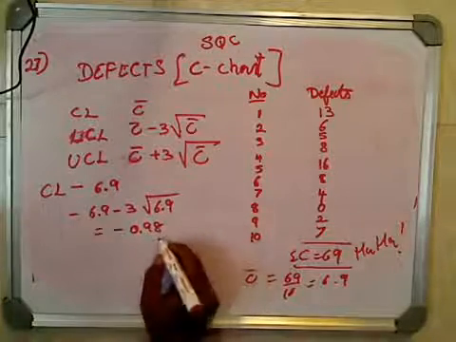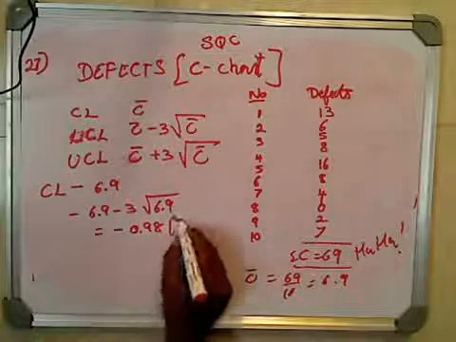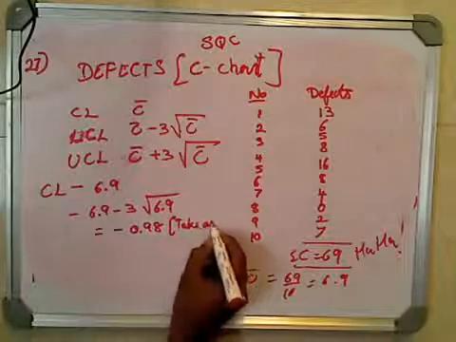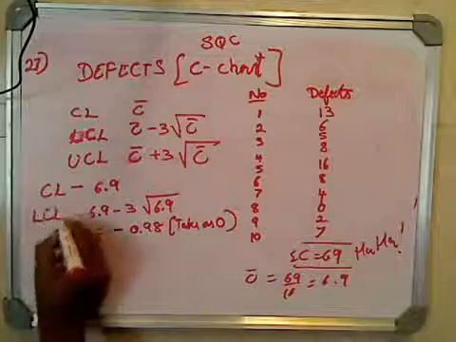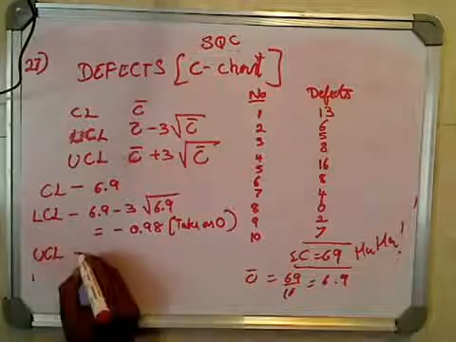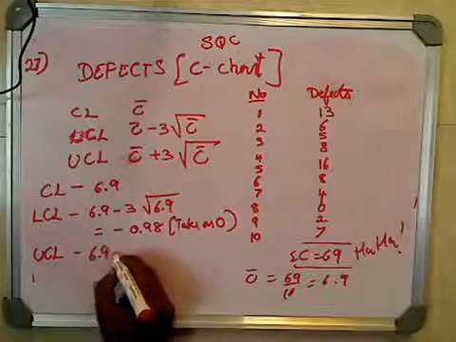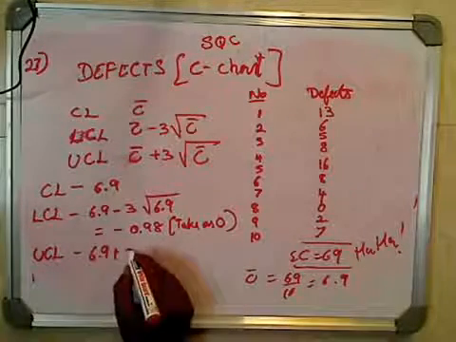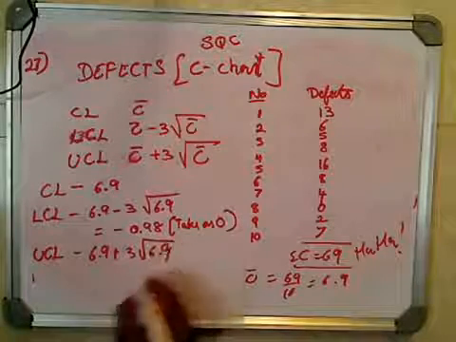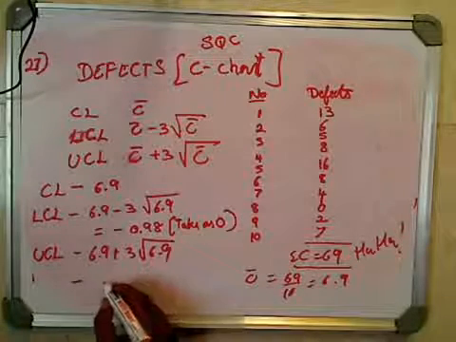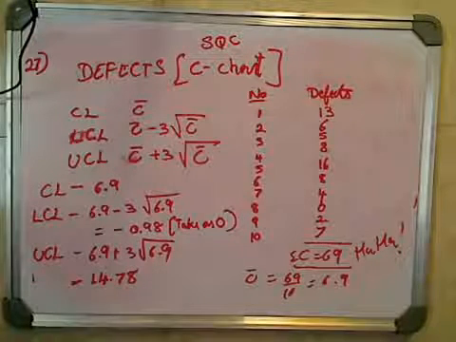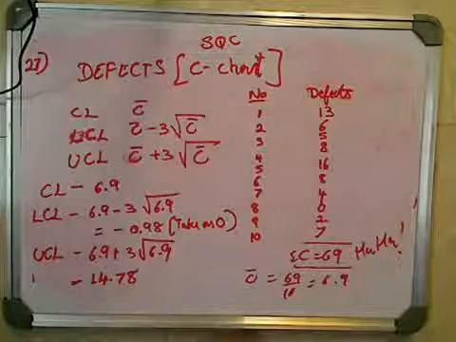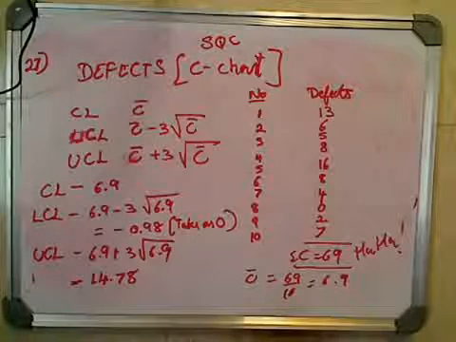Like I said, you can't have minus defects, so you take it as 0. The next is the upper control limit, 6.9 plus 3 square root of 6.9. This should give you the answer as 14.78. And let me double check if this verifies with the book, and it does.